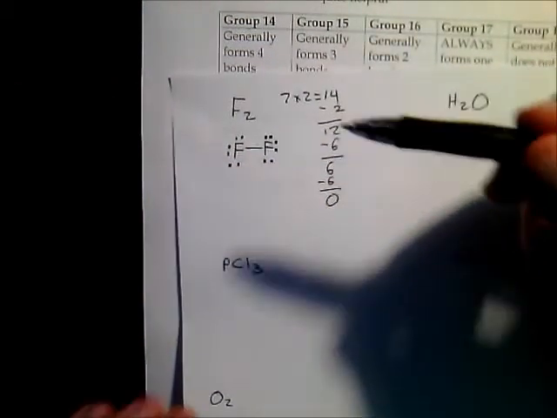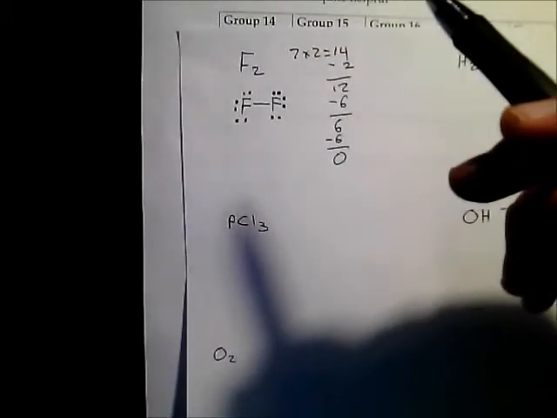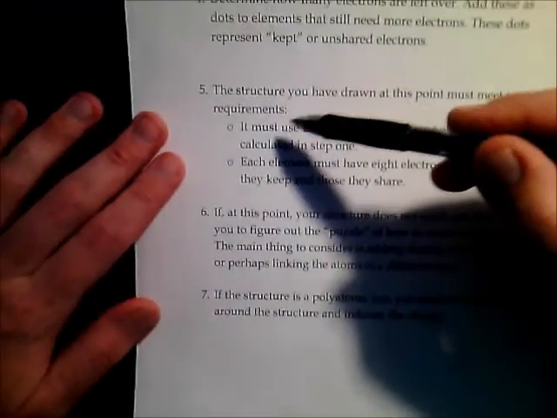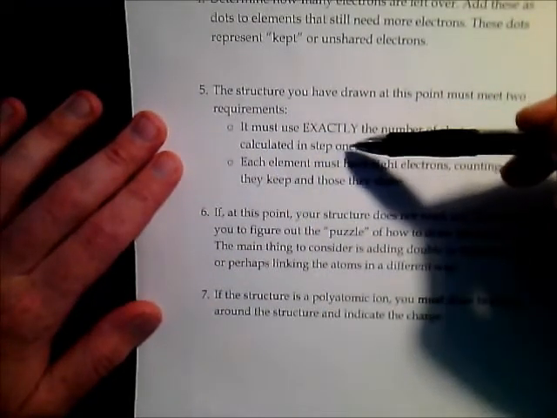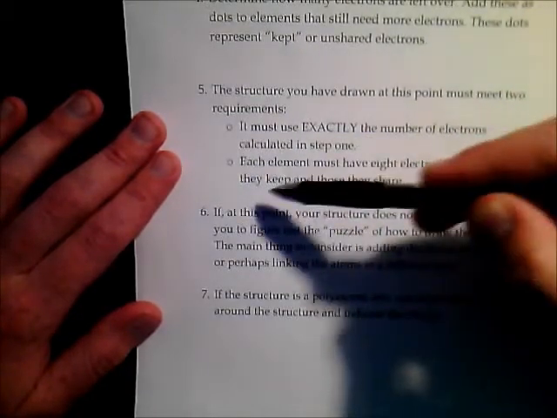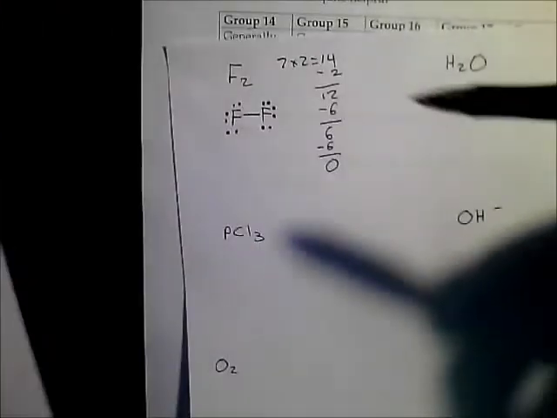And it is finished. If a Lewis structure is correct, if you've drawn one that works, it's got to meet 2 requirements, like I said. It's got to use exactly the number of electrons counted in step 1. We did that. Each element must have 8 electrons, including those they keep and those they share.